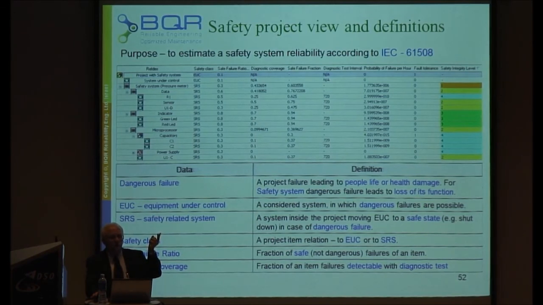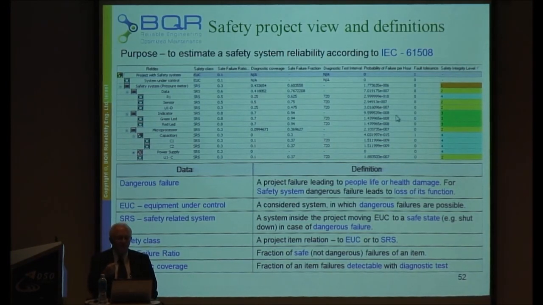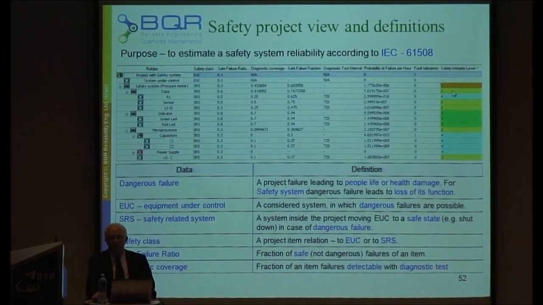So you want to build something into the equipment so that if there is a failure, it gives you the alarm. So this product should provide self-diagnosis or a built-in test, or redundancy, so if one part fails, another part starts. So totally this pressure meter is not safe because we have here number 1.